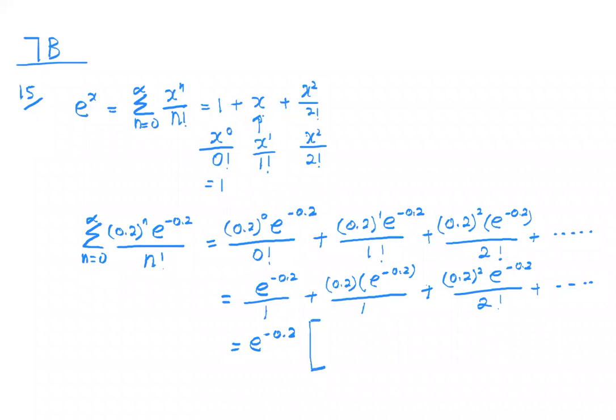Then 1 plus 0.2 to the power of 1 over 1 plus 0.2 to the power of 2 over 2 factorial plus 0.2 to the power of 3 over 3 factorial plus dot, dot, dot.